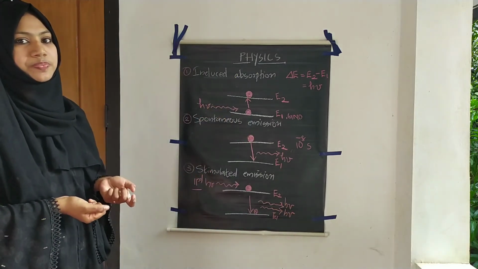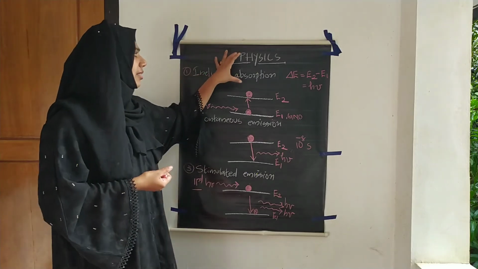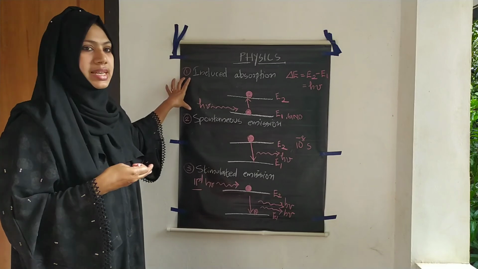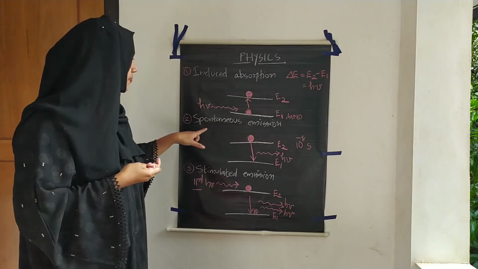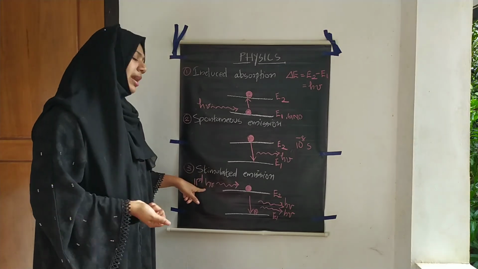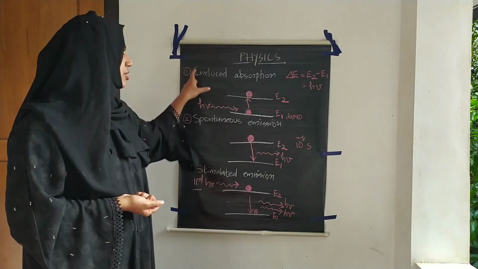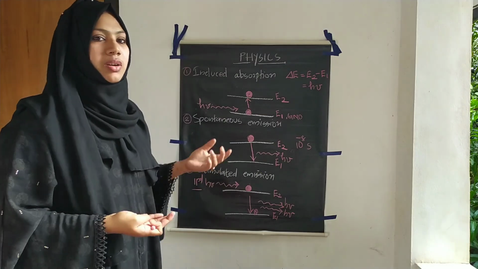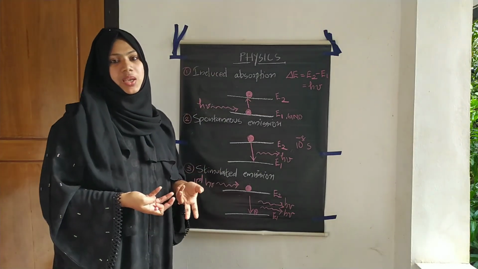Is that clear? So the three main processes occurring in a laser action are induced absorption, spontaneous emission and stimulated emission. You should be familiar with all these three processes, and laser action occurs using any of them.